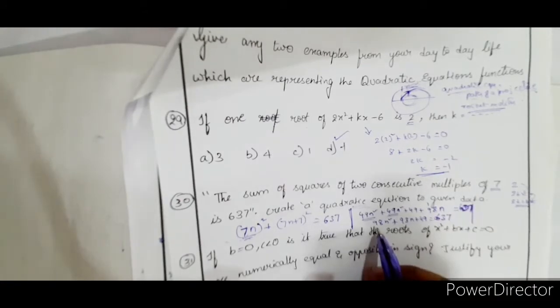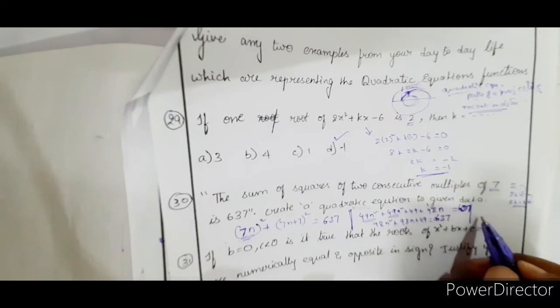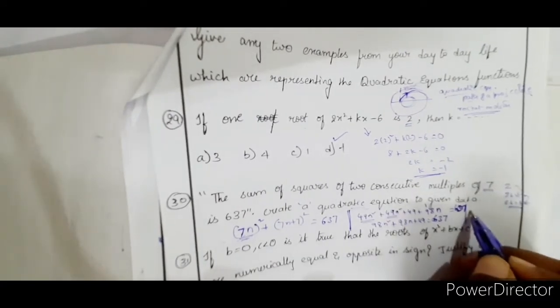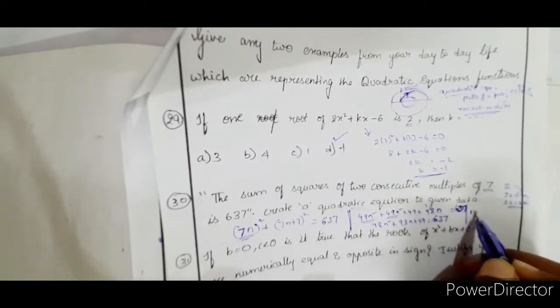So now you can take out 7 from this common, and then the final equation will be: 7 1s are 7, 7 4s are 28.